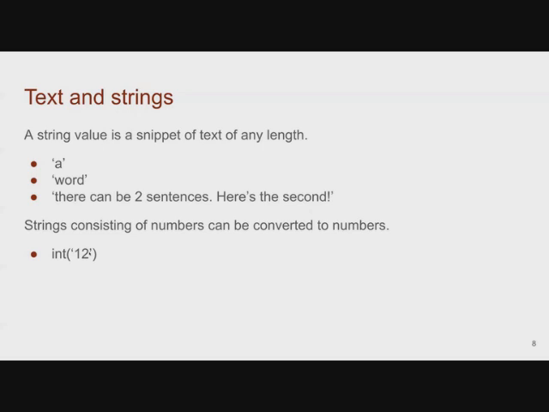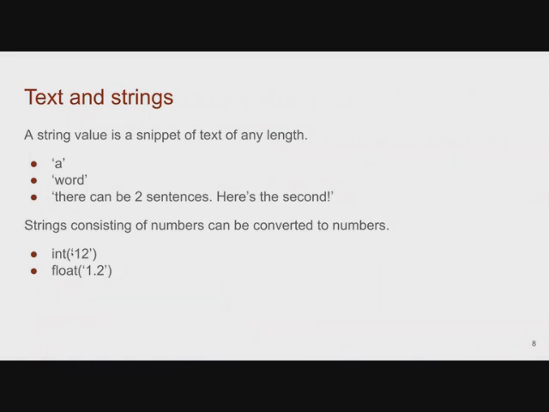Because it's in quotes, that is a string. The thing inside these parentheses here is literally the character symbol representing 1 and the character symbol representing 2. It is not an integer. It is a string with the characters 1 and 2.